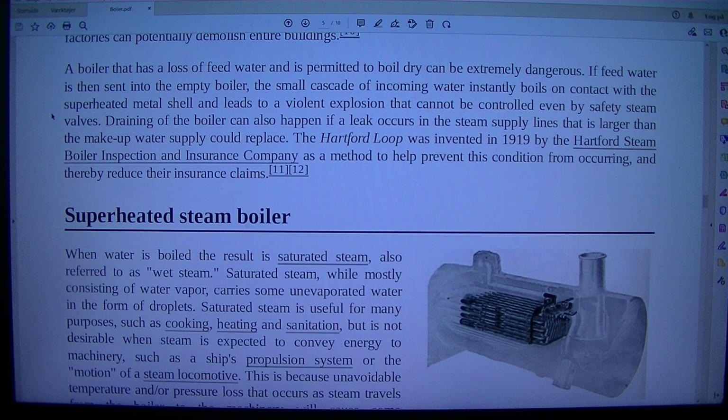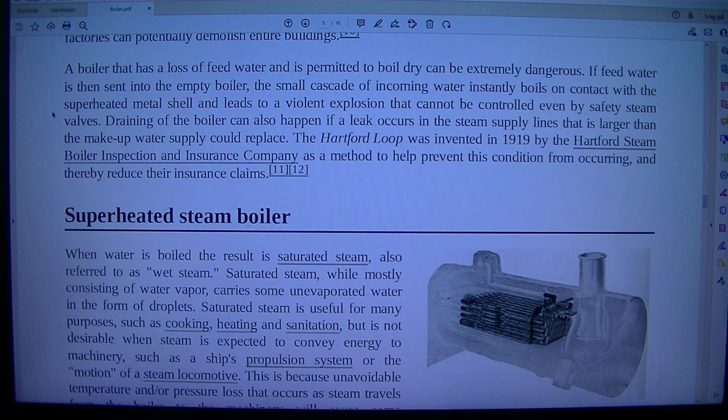Draining of the boiler can also happen if a leak occurs in the steam supply lines that is larger than the make-up water supply could replace. The Hartford loop was invented in 1919 by the Hartford Steam Boiler Inspection and Insurance Company as a method to help prevent this condition from occurring, and thereby reduce their insurance claims.